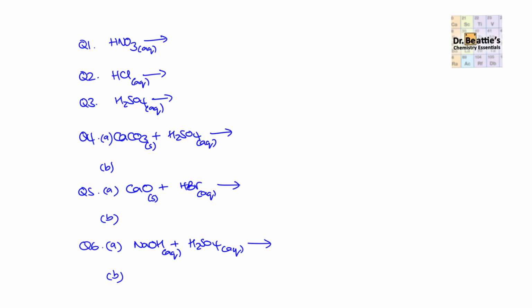And your acids here are these acids here. And then for part B, I want you to construct the ionic equation that shows only the ions that change charge and the species that change charge in the reaction. So no spectator ions for B. Pause the video here and have a go.